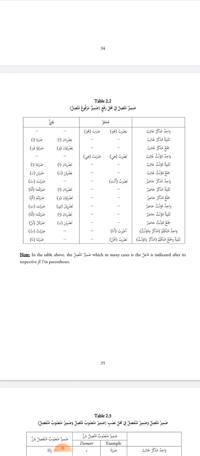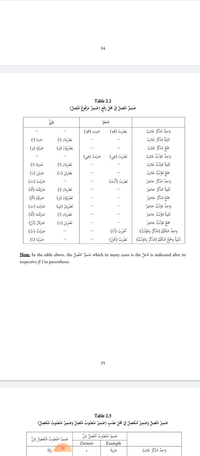And also in the siga wahid mudhakkar hadir, tadribu, you, one man, you hit or you will hit. So anta is hidden inside tadribu, dhamir mustatir. And then you have ana, which is for wahid mutakallim, both mudhakkar and mu'annath. Ana is mustatir inside adribu, and nahnu is mustatir inside nadribu. So adribu is siga wahid mutakallim.